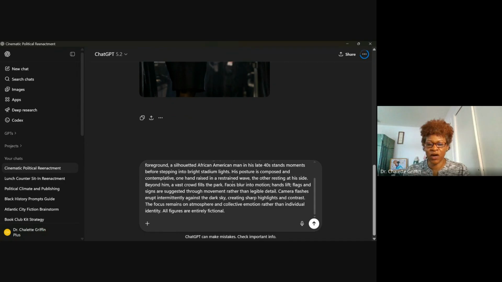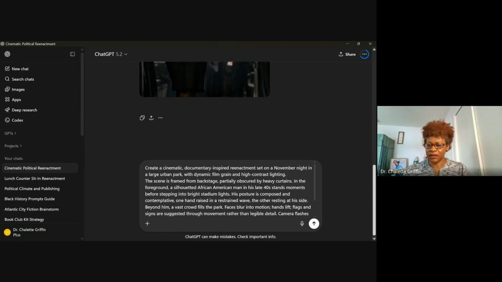We're going to go ahead and generate this one, but let me just read the prompt out loud before I generate. You guys can't see the whole prompt, it's cut off. Create a cinematic documentary inspired reenactment set on a November night in a large urban park with dynamic film grain and high contrast lighting.